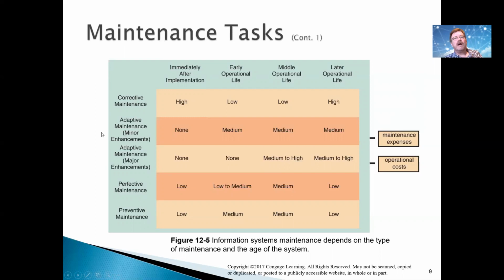There's corrective maintenance. Adaptive is basically trying to get it to do something it wasn't initially designed to do. So I don't know how many of you remember this, but Amazon originally really just sold books. I know it's hard to imagine, but it just sold books. Well, at one point they were trying to compete with eBay, and they came out with a whole auctioning system like eBay, and that was a new thing.